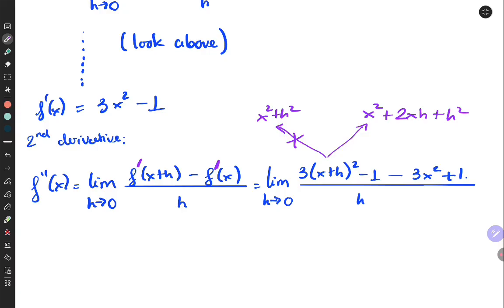Negative 1 plus 1 cancel. Keep simplifying. You should get 6 for the last one. If you have 6x correct, now one more time. Now third derivative. Practice now. If you have the second, then do it one more time. The last one should be extremely quick.